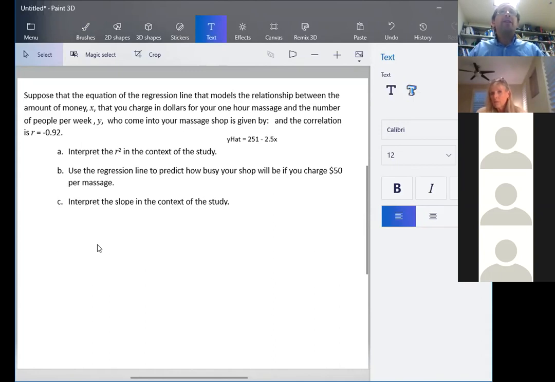Now, it may feel weird that you can't have 0.85 customers, but there's an average, so it's okay to say it. It's an average of 0.85. This is very important in business because remember that your revenue is the price times the number of customers you have. So what you want to do is you want to maximize your revenue, okay, and profit eventually. So it really helps to have done a regression analysis.